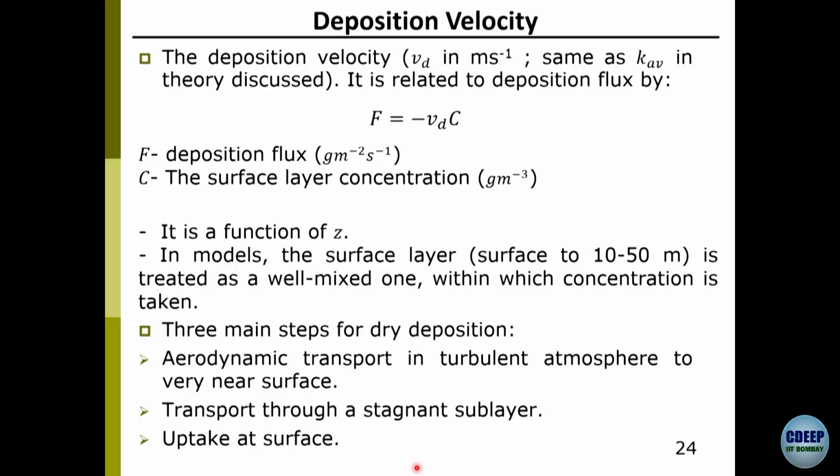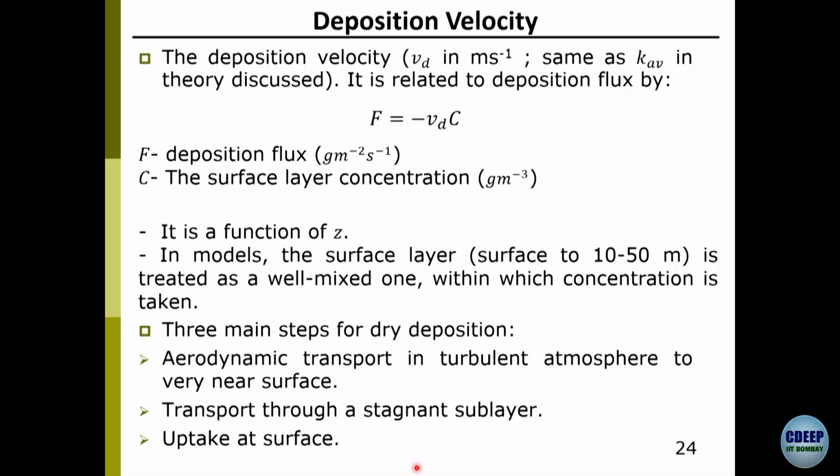nothing but that k-av, and we've gone ahead and related it theoretically. But I have a deposition velocity which has the units of meter per second, right? And typically what can I measure?